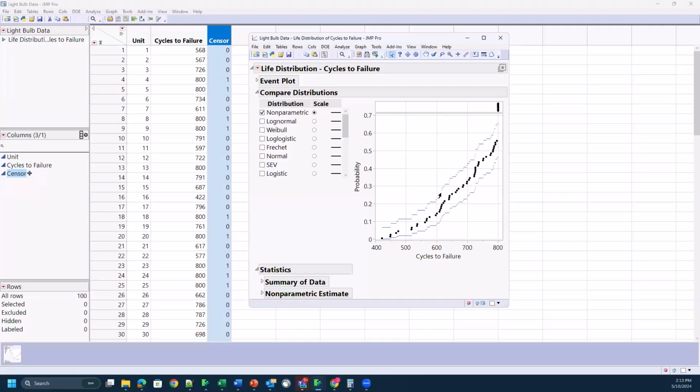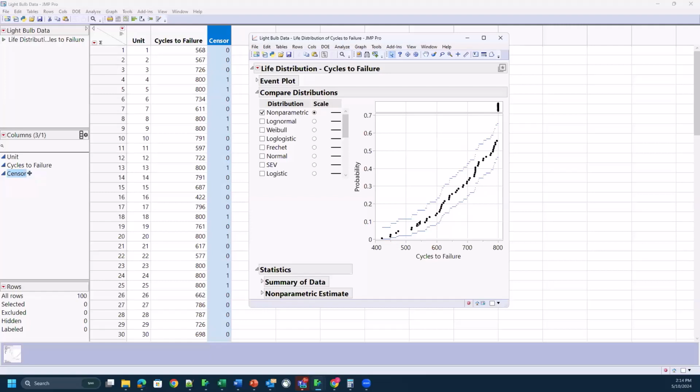One question that pops up a lot is, do you have to run all of those bulbs out to 800 cycles? And the answer is no. Maybe there's something that broke in your fixture for one of the bulbs after 550 hours, one of the wires broke or melted or something.